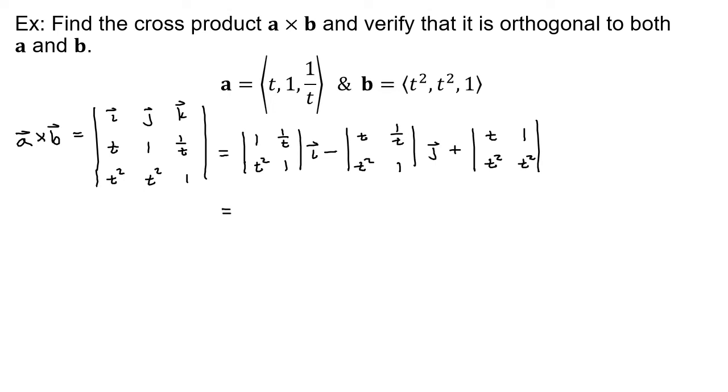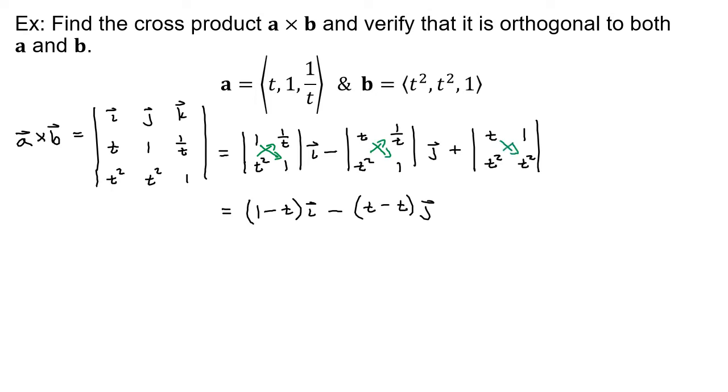And so doing our diagonals, I would do the first diagonal, 1 times 1, which would be 1. Then I'd subtract off the other way, t squared times 1 over t. One of the t's cancel, so you just get t. The next one, the t times the 1 gives you t. The t squared times 1 over t would also just be t. So those actually cancel when you do these diagonals.